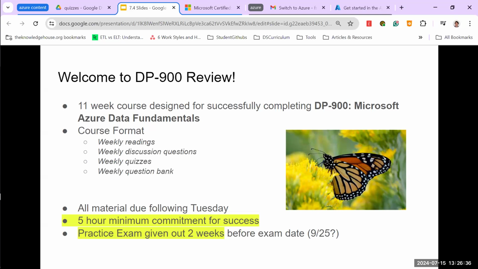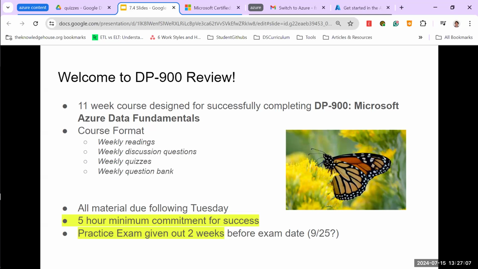You're going to see a lot of SQL, a lot of NoSQL, and maybe some other interesting tools. This course is going to take the format of weekly readings, maybe some discussion questions that we'll discuss during the cert prep class time, maybe some quizzes, and near the end of this course, we'll take a look at some question banks that you might actually see pop up in the actual exam itself.